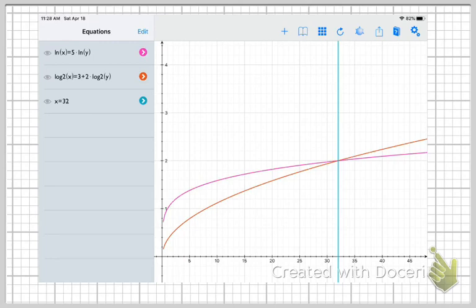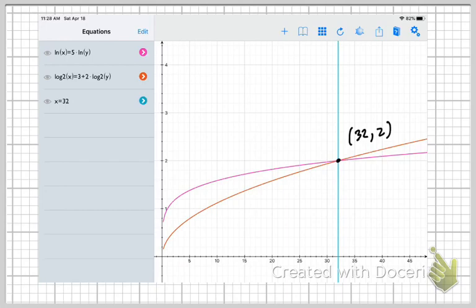They're both log functions, so they look like logs. They also graph x equals 32, because we found that the point where they intersected was 32, 2. Even though we didn't have the picture, we were still able to come up with this answer. It's pretty cool how this all works together.